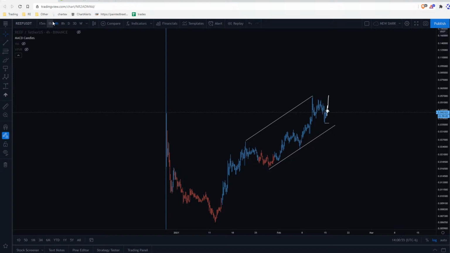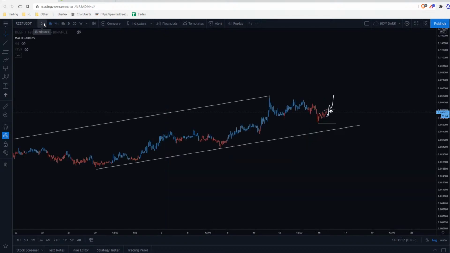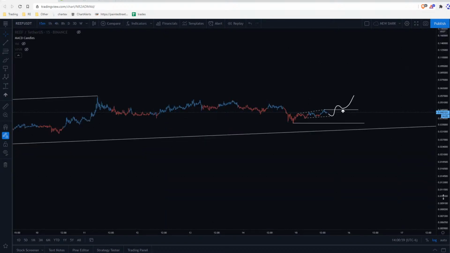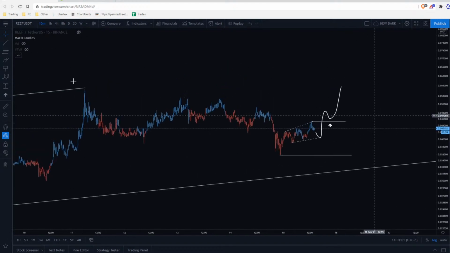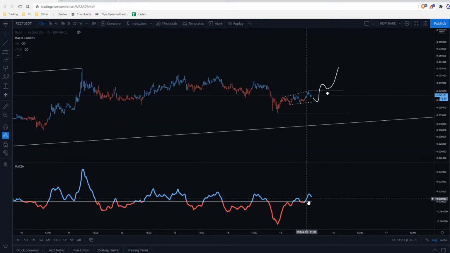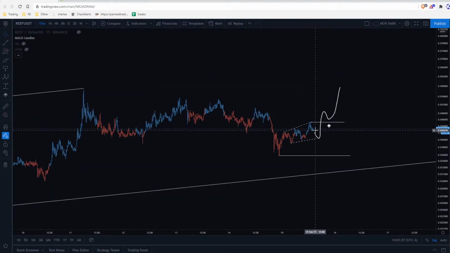So you'd want to see 1 hour flip positive, and you'd want to see it get back over this. If the 15-minute turns red, I don't think it will. The low's probably in here, honestly. This is probably a flat, and this is probably the low. But if the 15-minute turns red, then a flip back to blue would be positive, would be a good entry.